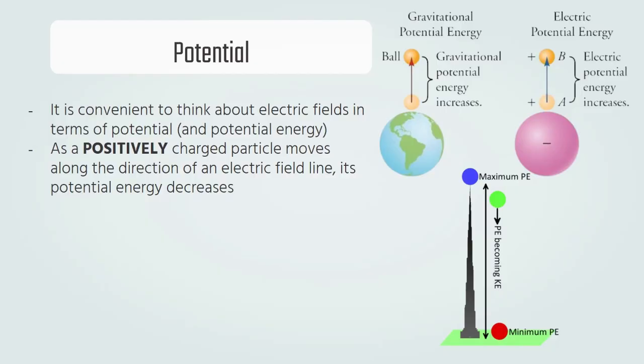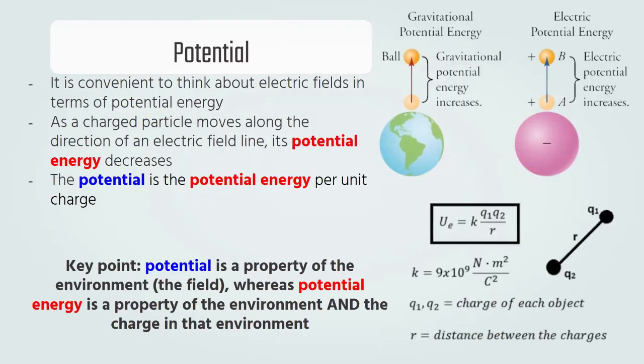For example, suppose you have two particles right here, and then eventually one particle's all the way over there. How fast is that particle moving? Then yes, you want to be able to describe the potential energy. But in circuits, we don't really talk about individual particles so much. We want to talk about the properties of space, the properties within the circuit itself. That's why we talk about potential instead of potential energy, okay?